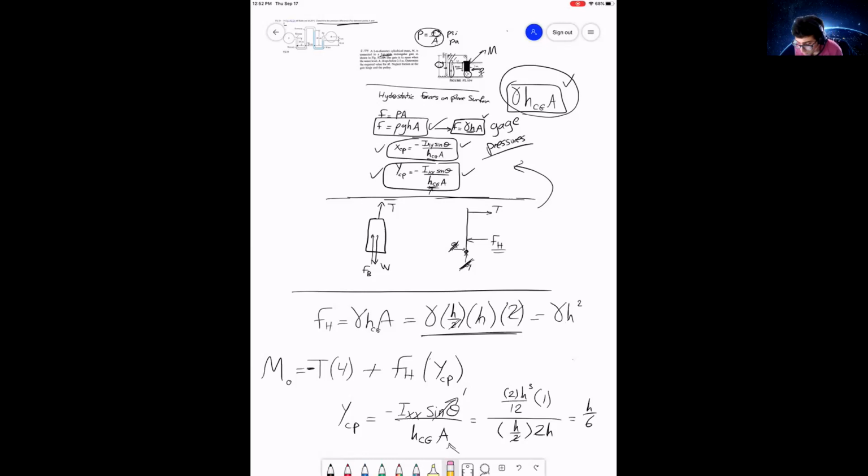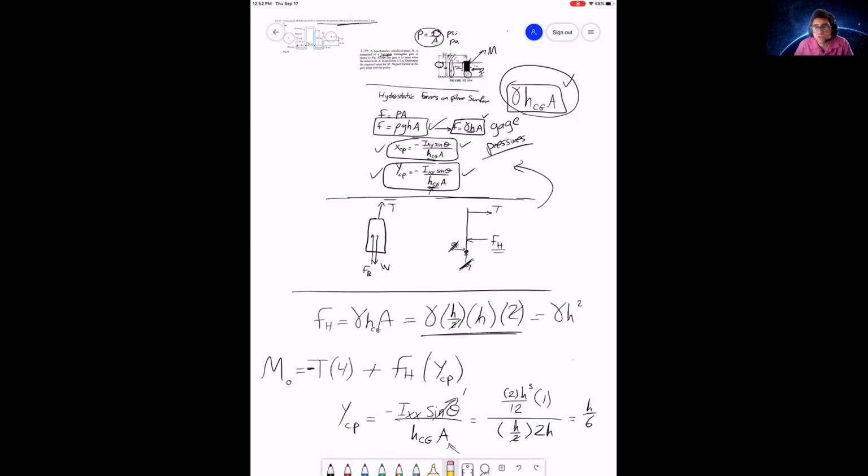In the problem, it's 2 meters wide. Oh yeah, it's right, the base. Yeah. Wait, height. Meter, yes. Okay, so h over 3.